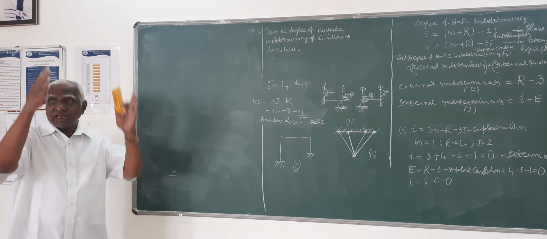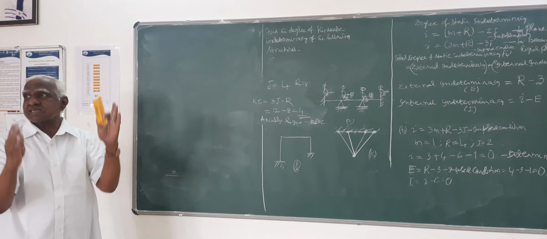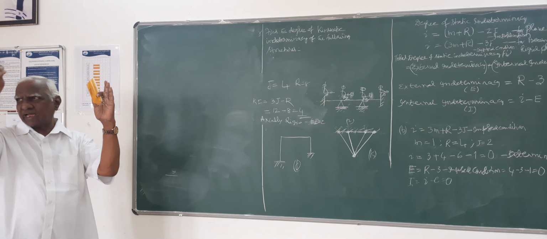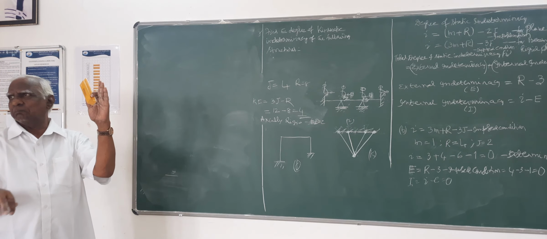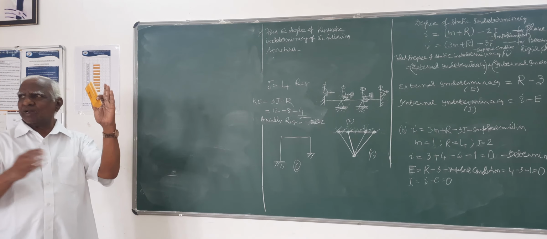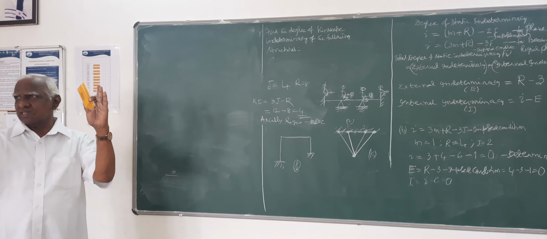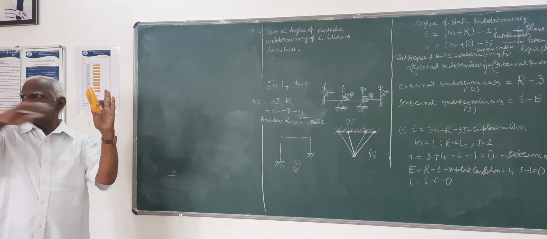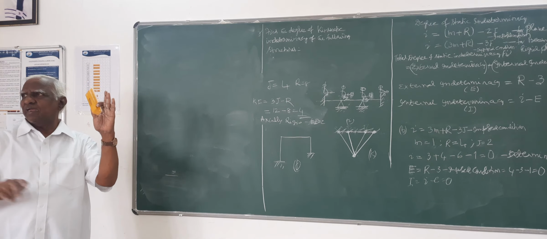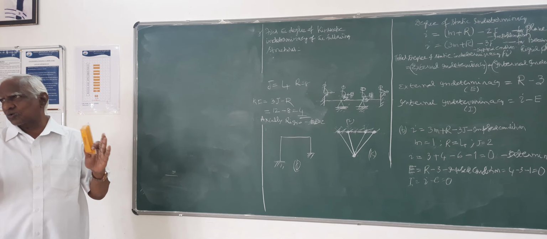As long as it is truly vertical, not inclined, that is a rectangular or orthogonal frame, vertical translation is not there. That means beams are not undergoing sway, only columns will undergo sway.